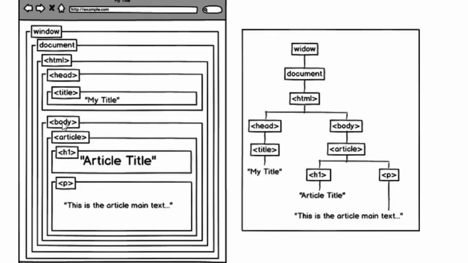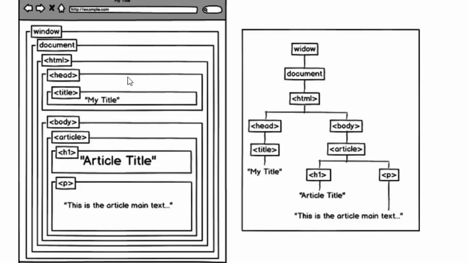So that's what we just talked about, the body. So you can see here that the body and the head are siblings. Anyways, I don't want to get too far off on that stuff, but I think we've talked about children and siblings and parents previously in the course.